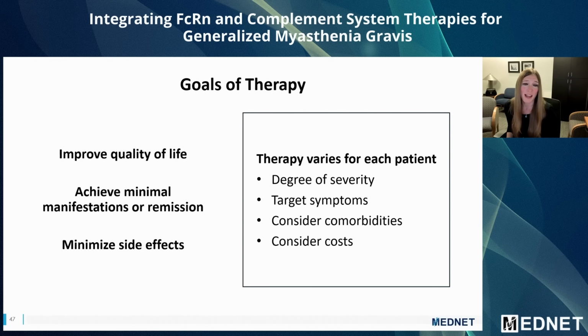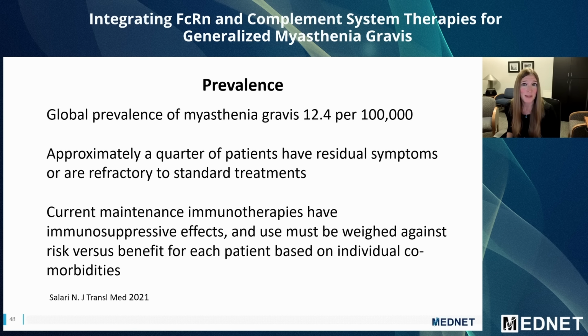I find it very helpful to have the MG composite, the QOL, and the MMT, which is basically your clinical exam, to monitor response to treatment and help you decide how to adjust and pick those treatments. Considering the comorbidities of the patients, and also cost, is definitely a consideration as well.